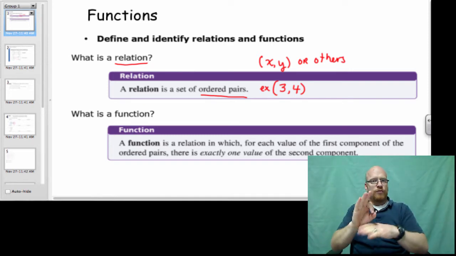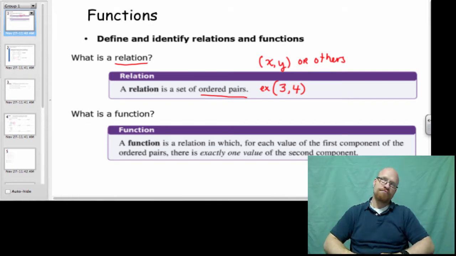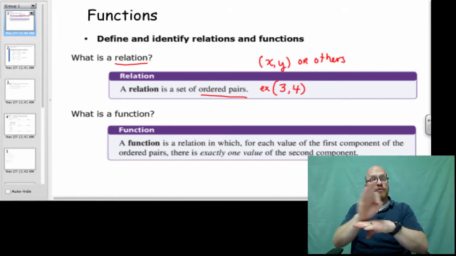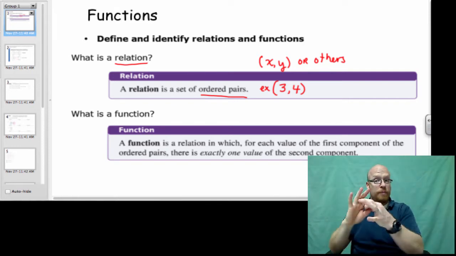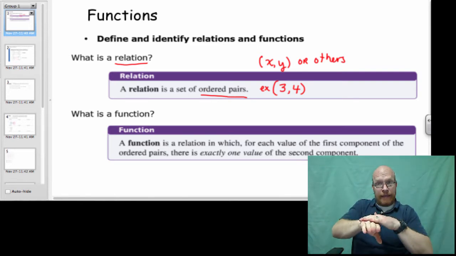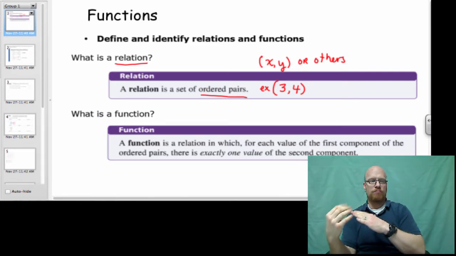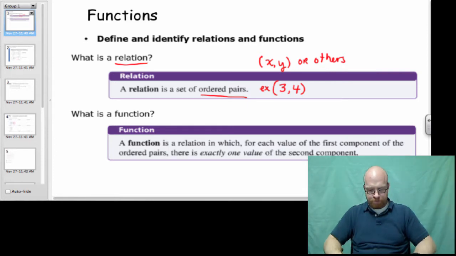Okay? Now, a function. A function does mean a relationship where each input has one specific output.